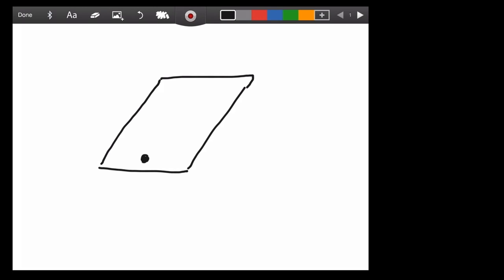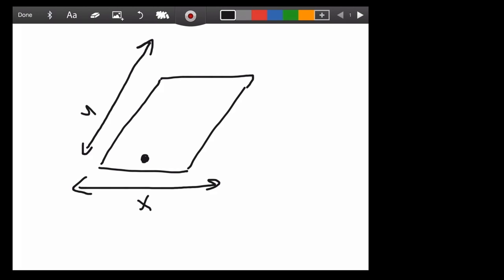Now let's have a look at my high dollar illustration of an iPad. We have an iPad here and we've got the little button on the bottom edge. If we look at this short edge, let's call that the x-axis. We'll call the long edge the y-axis, and front to back we're going to call the z-axis.